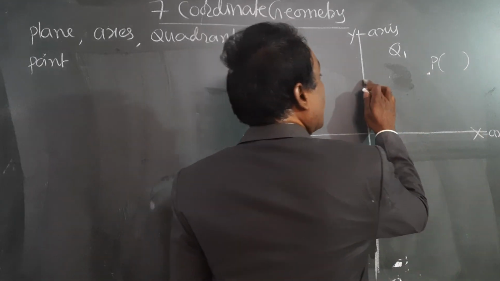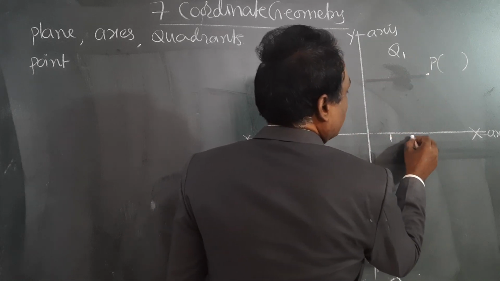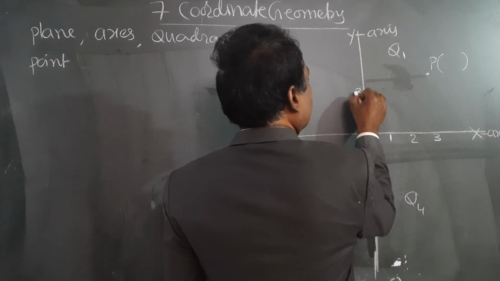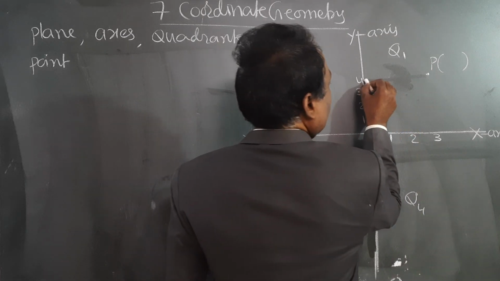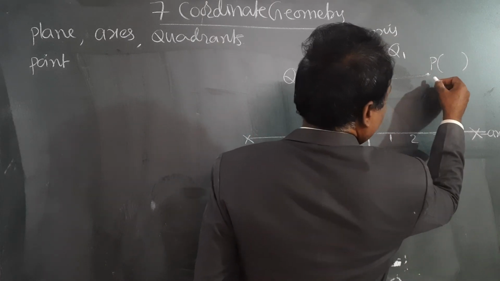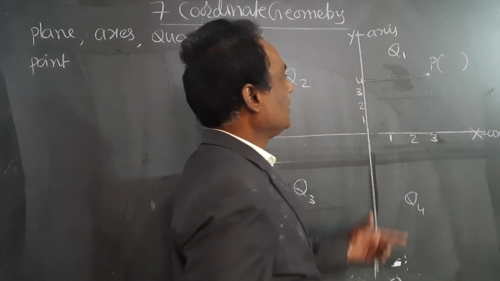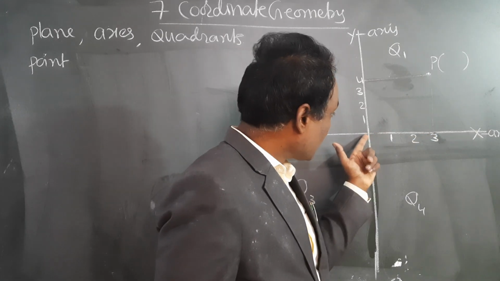So for that, what is the horizontal distance? For that, we take the coordinates like this, 1, 2, 3, 4, for example. So what is this horizontal distance? This horizontal distance is the same as this distance.